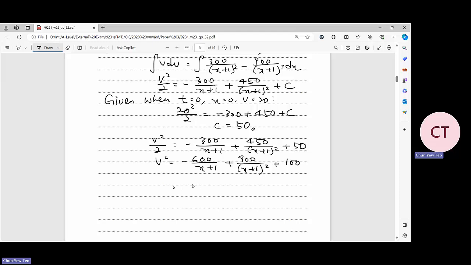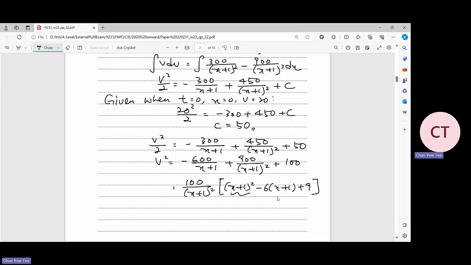So what we can do here is factorize the 100 over (x+1) squared out. So you get this one, it will be (x+1) squared minus 6(x+1) plus 9.